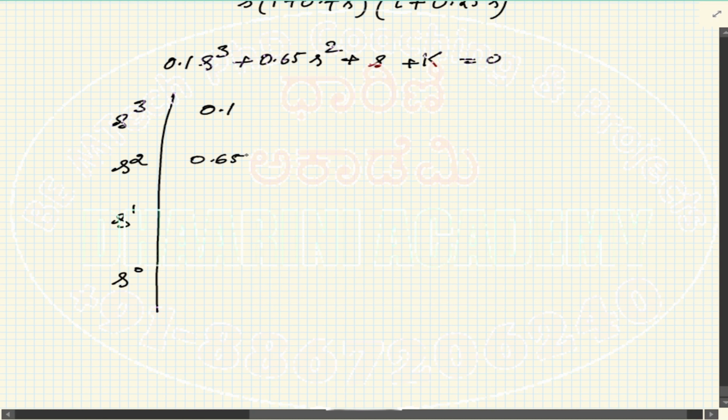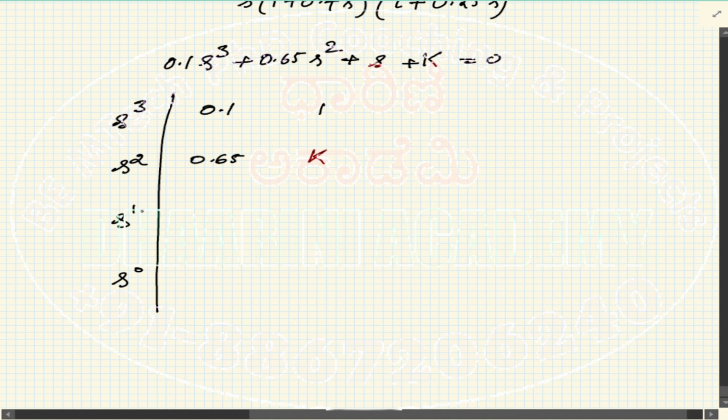The coefficients are 0.1, 0.65, the coefficient of s is equal to 1, and the constant is equal to K. Let's go with the calculation of the s to the 1 coefficient, with the K as it is. We'll keep the K, as it might appear in the result.